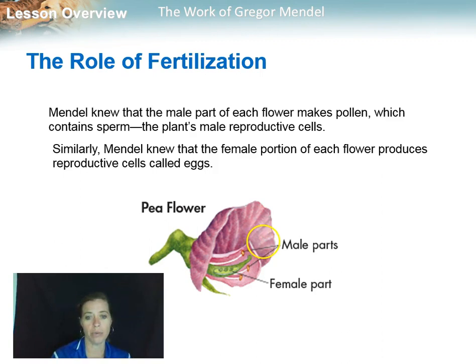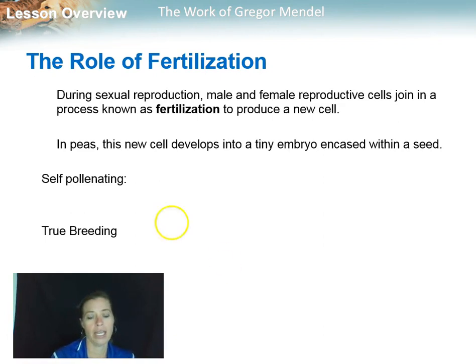And the pollen will then stick onto the sticky stigma, and it'll go into the ovaries of the female portion of the plant. So here's the female portion of the plant, and it'll fertilize the eggs that are inside the ovaries. So what he was able to do is he was able to create this whole line of self-pollinated plants.